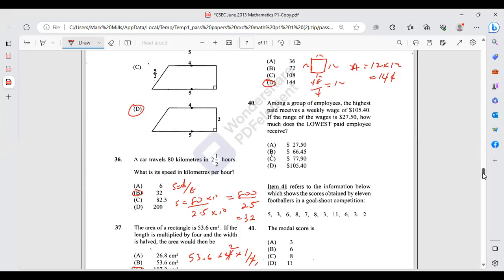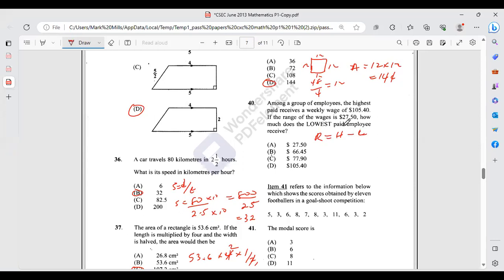How will I approach this question? So you have to subtract. But by the way, what is the formula for range? Highest value minus lowest value. So the range is the highest value minus the lowest value. Here they gave us a range, right?